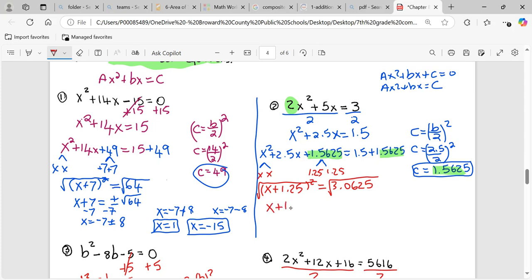So x plus 1.25 is equal to plus or minus, positive or negative, the square root of 3.0625, which is 1.75.